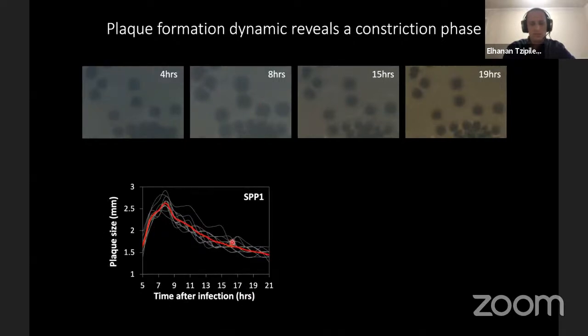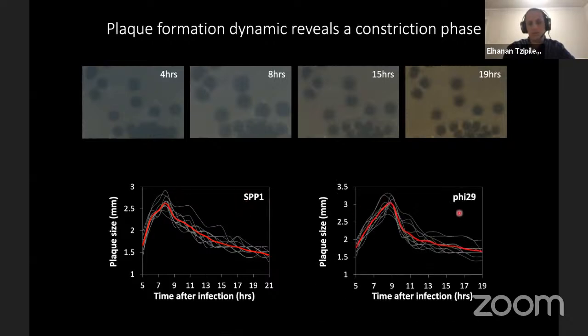And this is quantification of this phenomenon. And at the final time point after overnight, the time we regularly look at the plaques, their size is around 50% of the maximal size that they reach during the process. And this is with SPP1 infection, but we found a similar phenomenon with Phi29 infection.